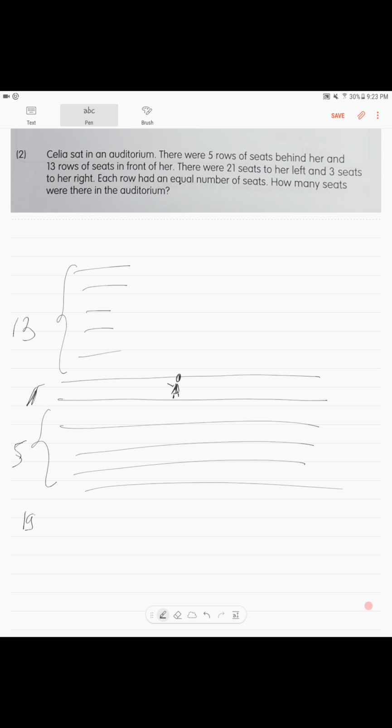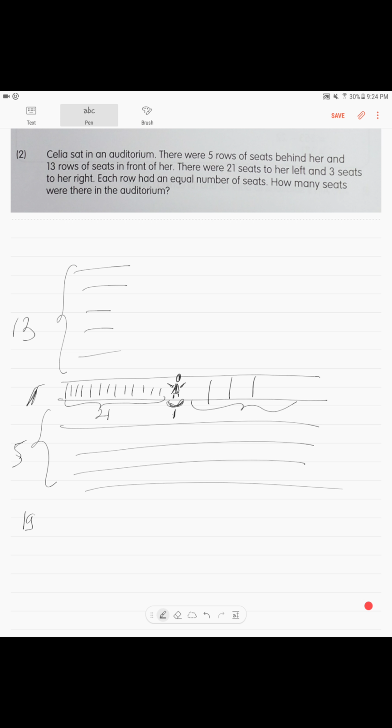Now we need to understand how many seats. She's sitting here, this is her left hand, this is her right hand. There were 21 seats to her left. This was her seat, 1 seat. And there were only 3 seats to her right, 1, 2, 3.